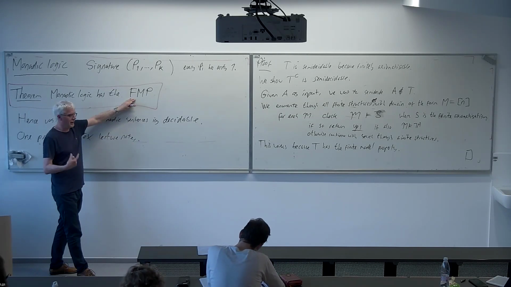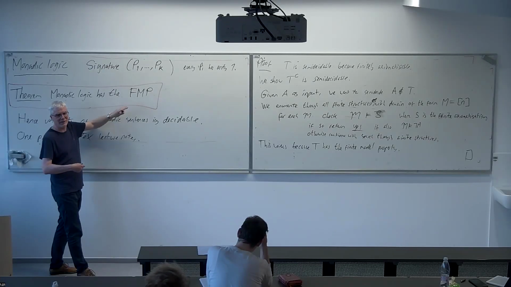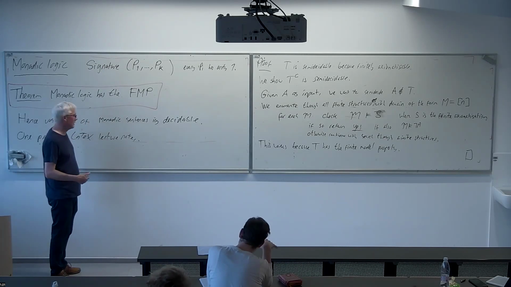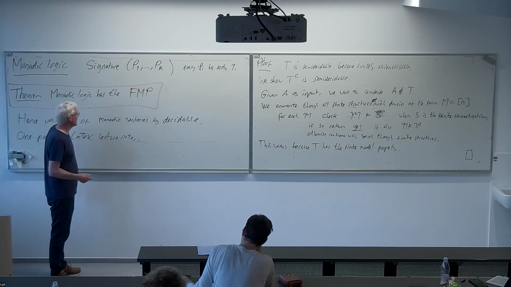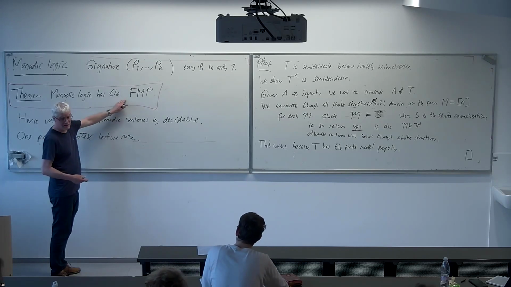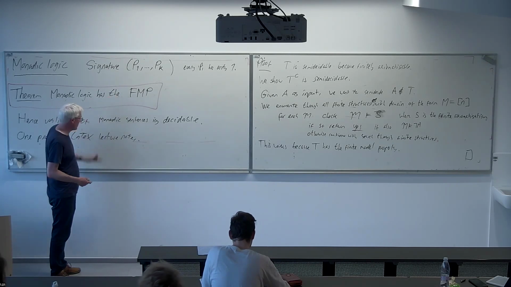And the proof in the LaTeX lecture notes gives a bound on the size of that finite model. People sometimes call this the small model property, if you have an explicit bound that's no worse than some iterated exponential. People call it the small model property, even though iterated exponentials are not very small. Anyway, the proof in the LaTeX notes establishes this explicit bound.